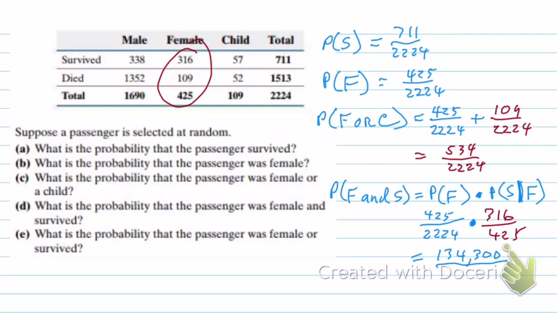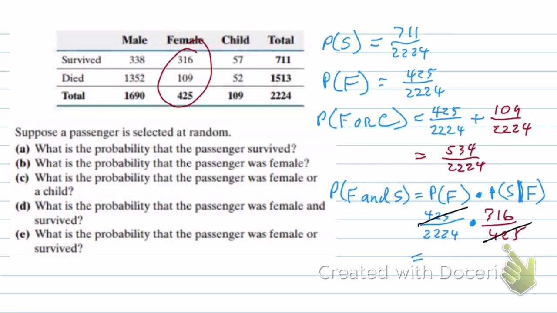Oh, wait. Hold on. Scratch that. I appreciate the help, but I'm looking at this and I can go, oh, 425 there, 425 there. So what's 316 divided by 2224? Well, I can leave it as a fraction.